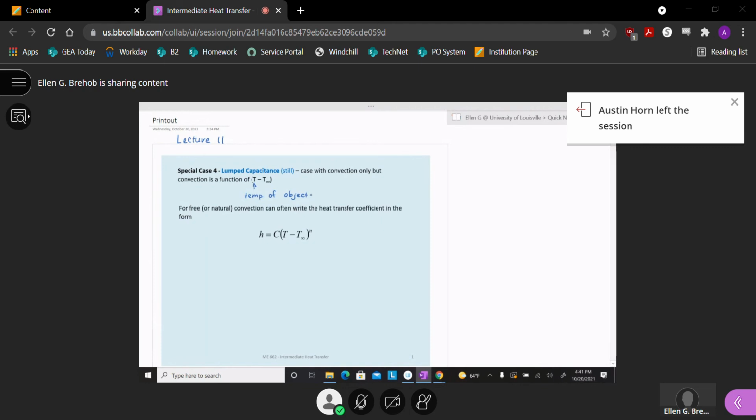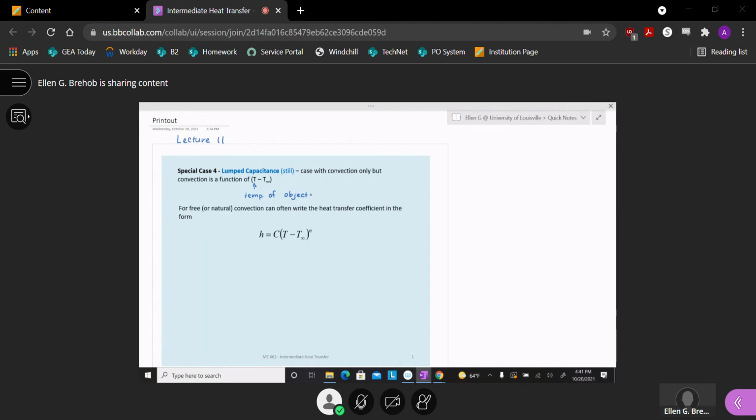If you think back to your previous knowledge of natural convection, that is what the heat transfer coefficient is. We end up basing it on a Grashof number and Grashof-Rayleigh, and it's driven by the temperature difference between the object and the free stream. So to me, this one is just calling out, saying, when I have free convection, this could be a good option for how to develop a solution.